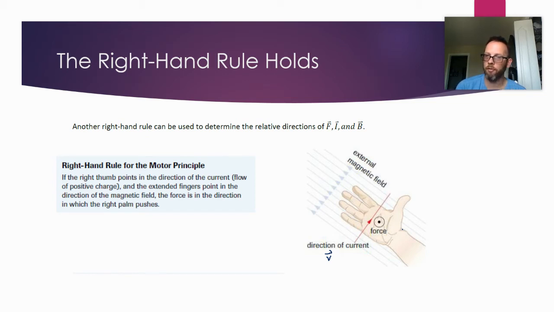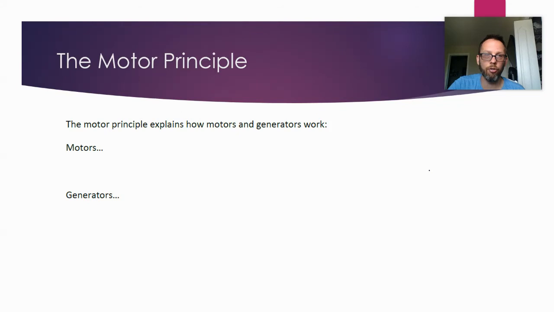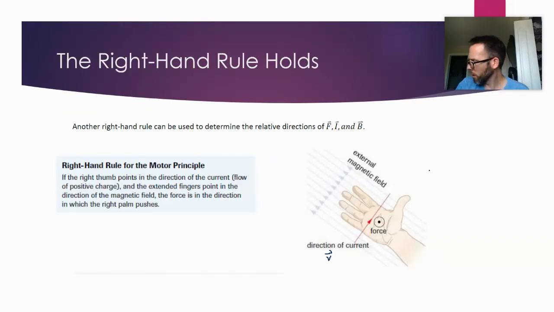So the force on this wire would be out of the page, pointing straight at us. That's because if you think of an arrow, it's like we're looking at the arrowhead coming out of the page. So the right-hand rule still holds for conductors. It's the same right-hand rule. But remember that current is the direction of positive charge.